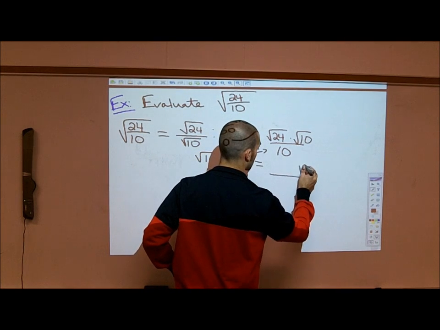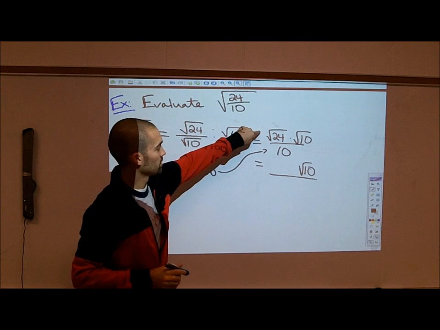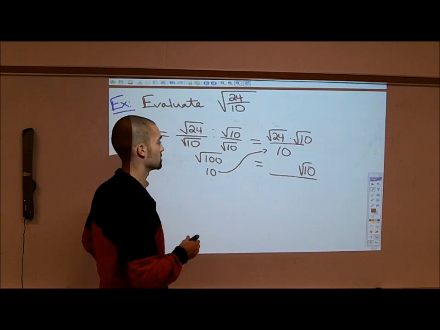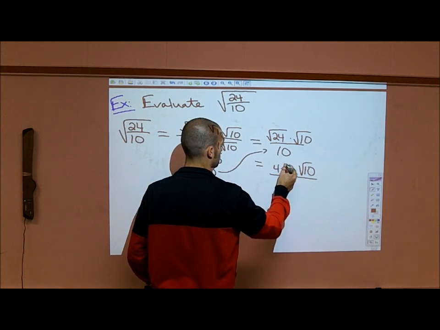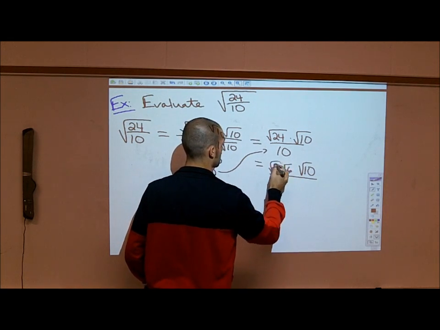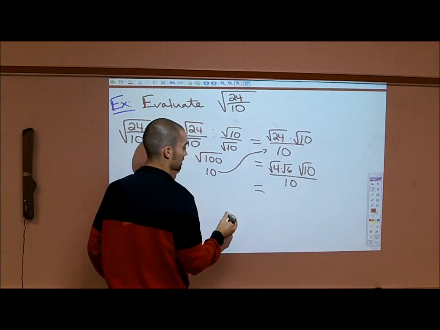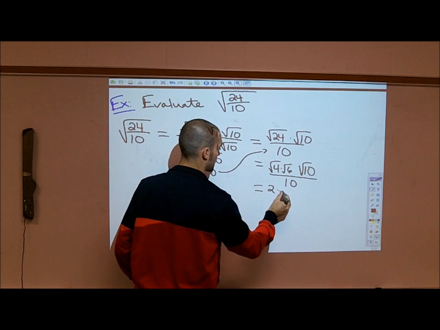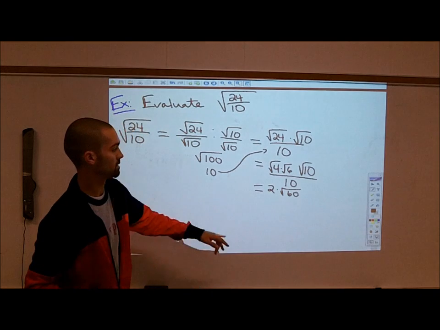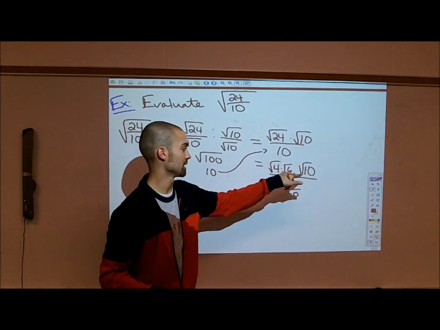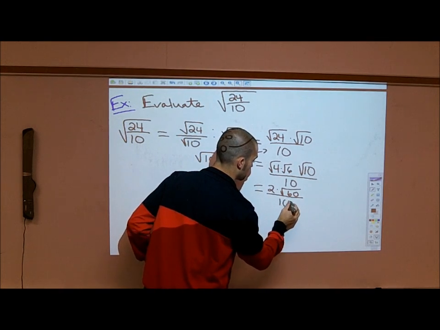Square root of 24 can be broken down into 2 times square root of 6, times the square root of 10, which then we can combine to 2 times the square root of 60. I've jumped a step. I've already multiplied these two together since I can't break them down. This is all over 10.